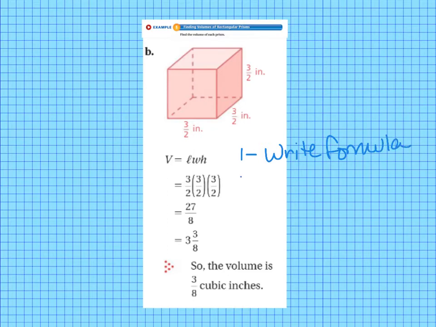And our second step is to substitute in the values. So we're multiplying 3/2 times 3/2 times 3/2. And then our third step is to multiply.